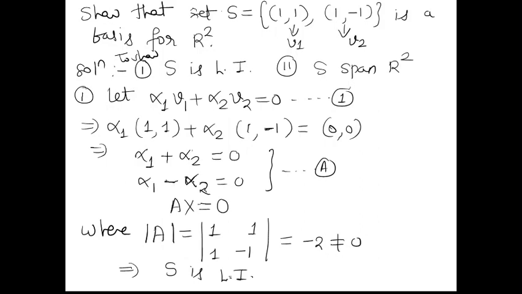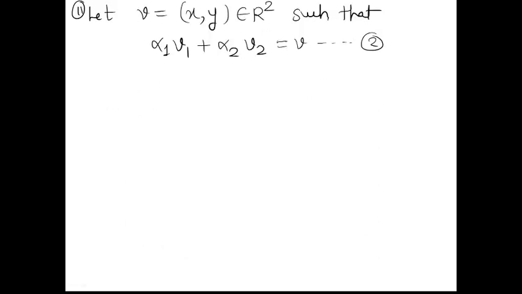And alpha 1 minus alpha 2 equal to the second element of V, that is y. Like this you can write down directly and save your time. So it's alpha 1 plus alpha 2 equal to x, and alpha 1 minus alpha 2 equal to y.